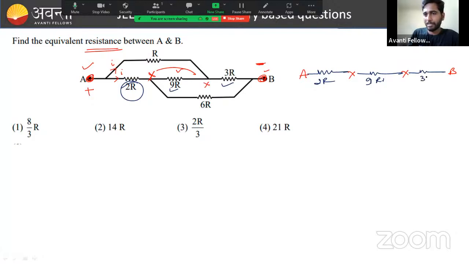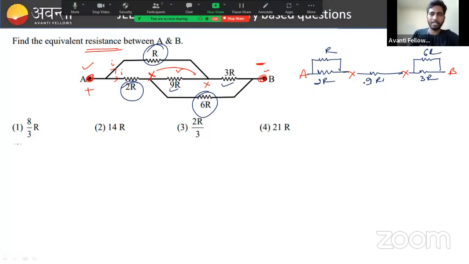Next to that, X and A, there is a resistance R. Next to that, between X and B, again one more resistor, we call this one 6R.